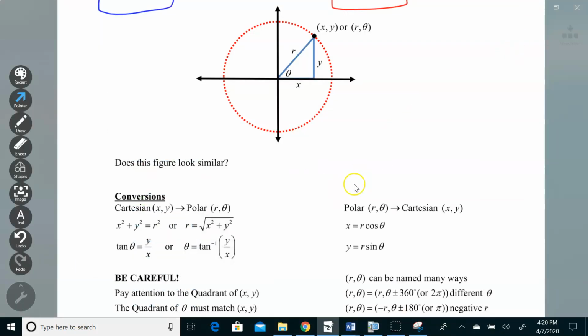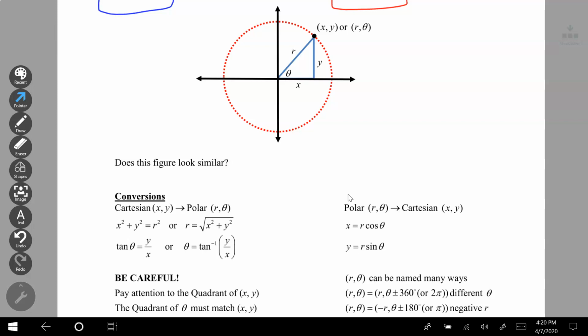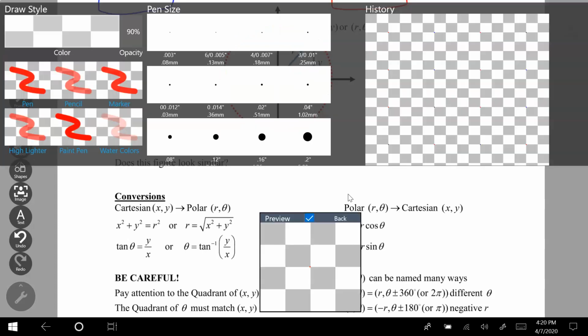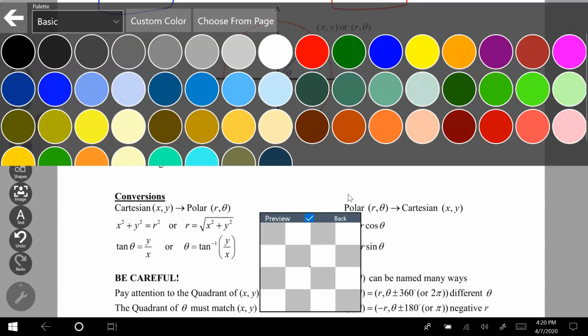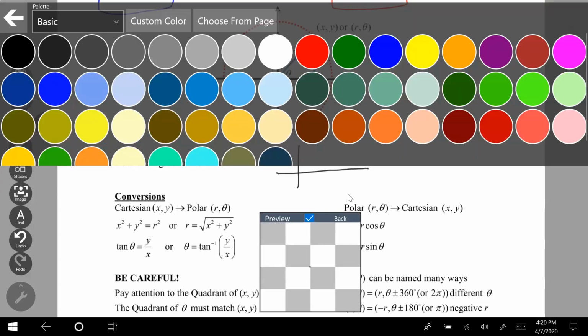As you can see, this is how we write things, and hopefully this picture looks familiar to you. I want to show you how we do it. Okay, so if you look at this diagram, and I draw just an XY grid, we have this picture that we've done before.